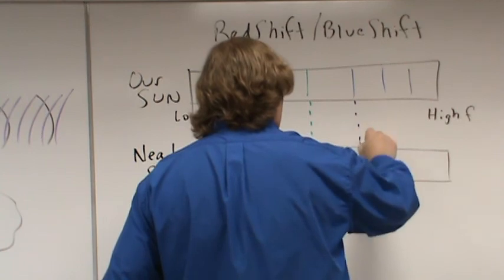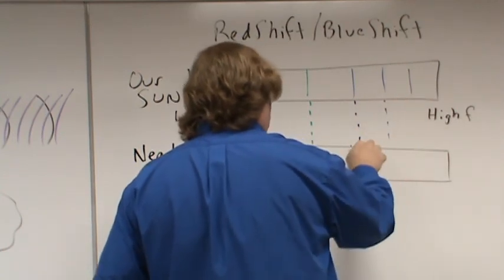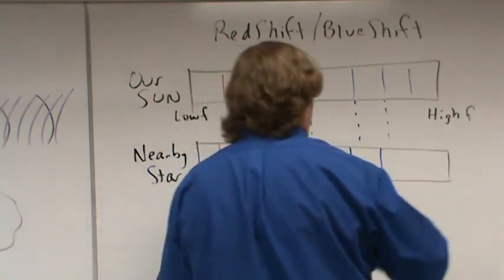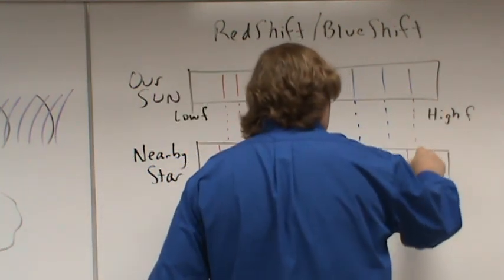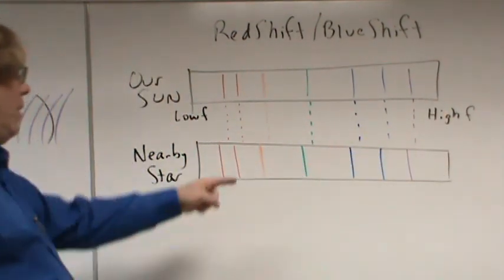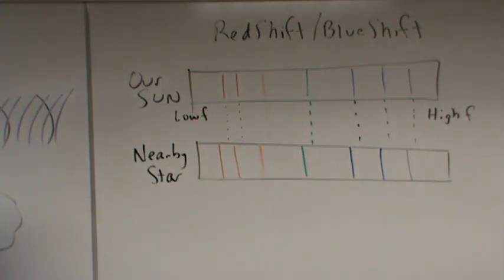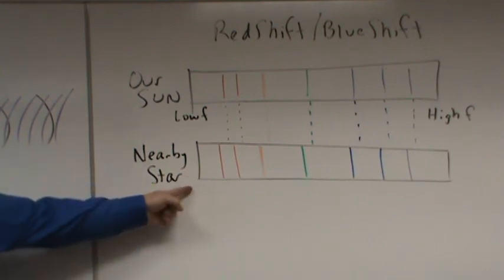We expect to see the blues there and there, but they're actually here and here. And the purple, as you can imagine, is here. All of these frequencies have been shifted. In which direction have they been shifted? To the left, to the red part of the spectrum.